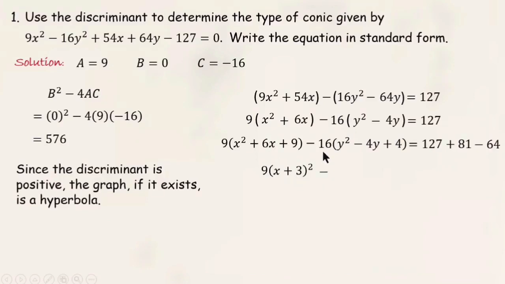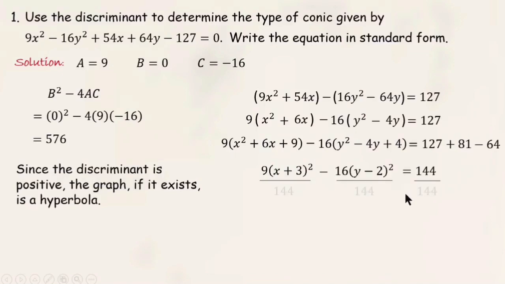Minus, copy 16 and factor this expression, which is y minus 2 quantity squared. Half of negative 4 is negative 2, equals 144. 127 plus 81 is 208, minus 64 is 144.